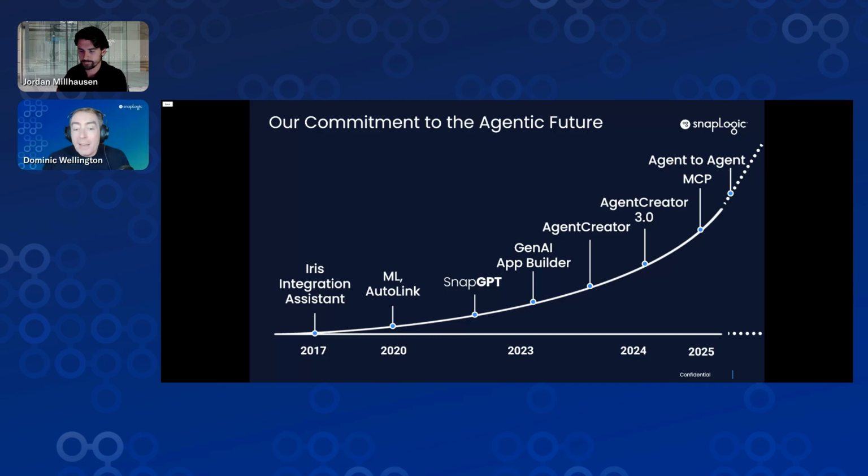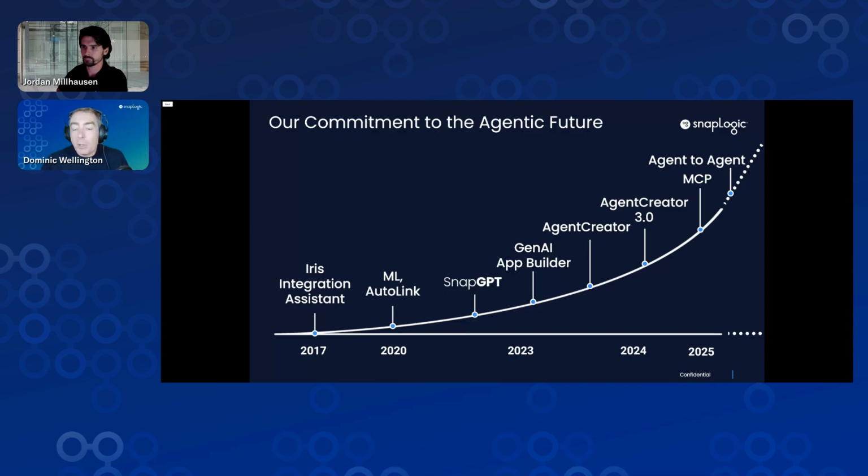And so we had an in-house AI team and capability so that when ChatGPT hit, we're very quick off the gate with SnapGPT, the Copilot, and then the Gen AI app builder to help you build your own AI workflows, which then became the Agent Creator as the industry started to understand the potential of agents.